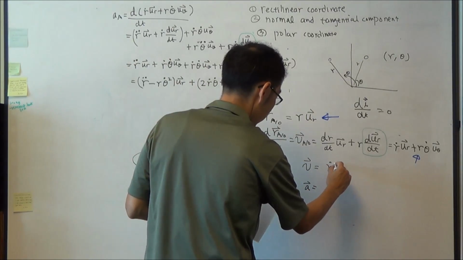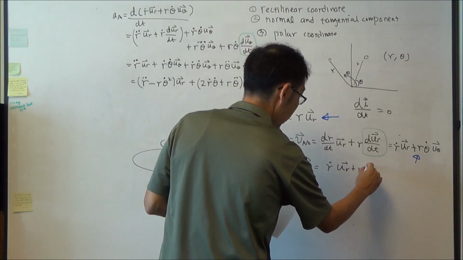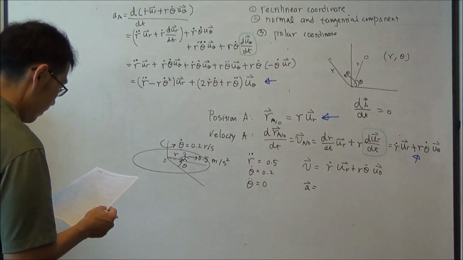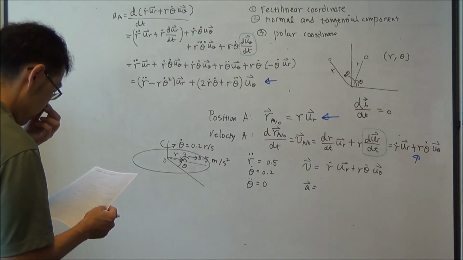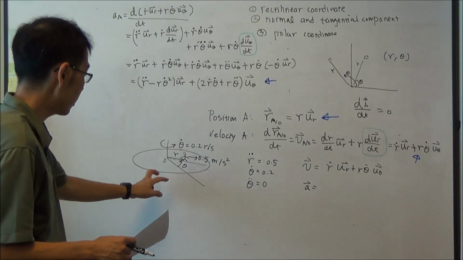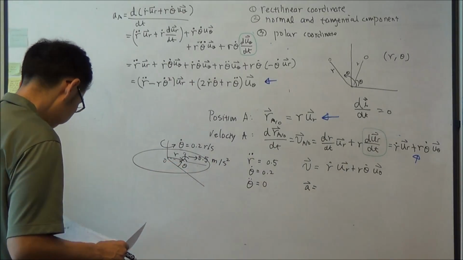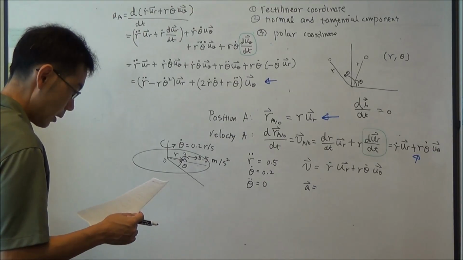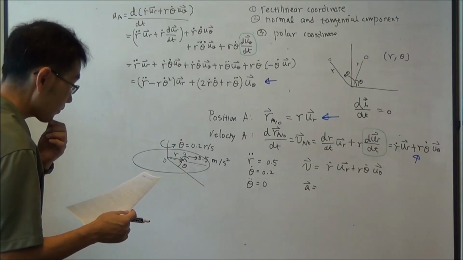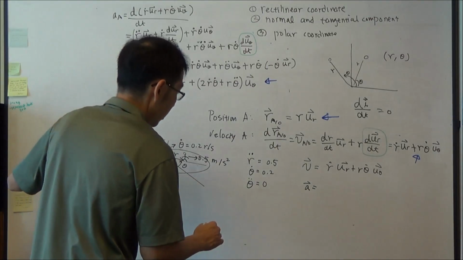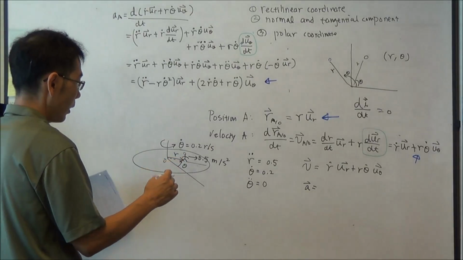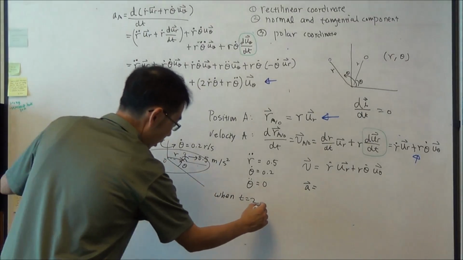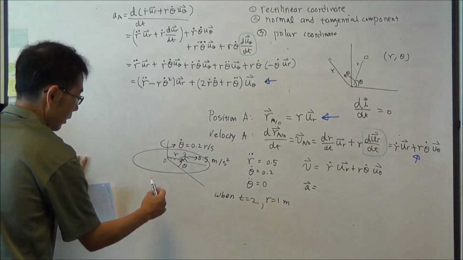So this is r dot u_r plus r theta dot u_theta. And then, do we know the distance from here to here right now? Right now this problem doesn't give us that, so we just make another assumption that when time is equal to 2, r is 1 meter.